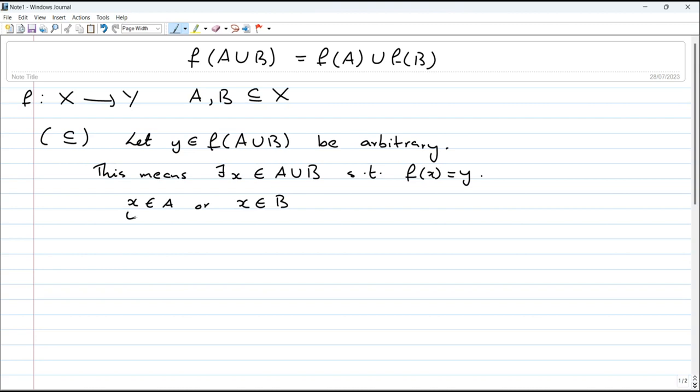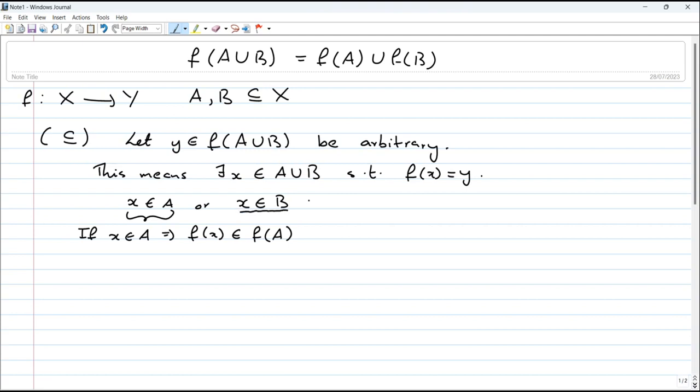Now if x is in A, so what is f of x? Then f of x is in f of A. Now what happens when x is in B?